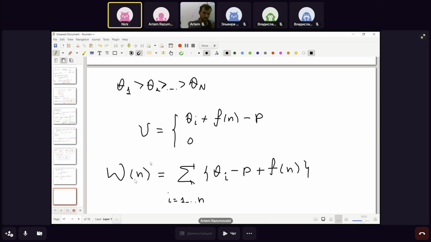And if f is decreasing by n, it will be vice versa. Maybe not, because it depends on theta, not n. n is a number now: 1, 2, 3, 4, 5. So we need to compare the number of users who will join.